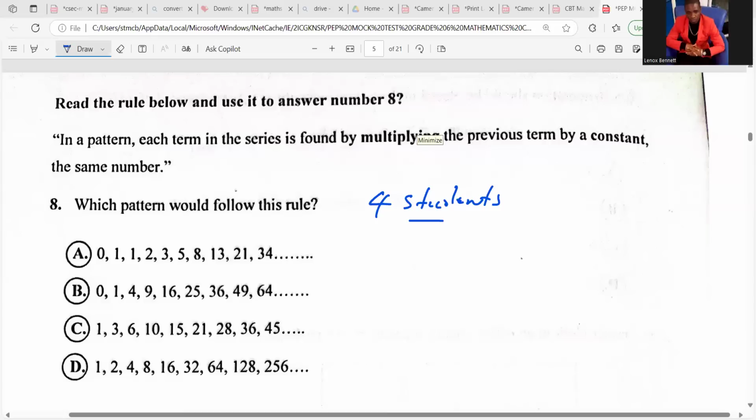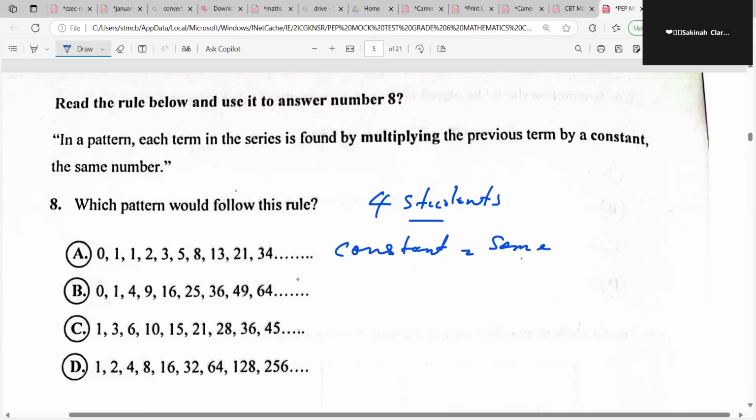It says in a pattern, each term in the series is found by multiplying the previous term by a constant, the same number. Which pattern would follow this rule? I looked at A, it says 0, 1, 1. It can't be A, because 1 times 1 is 1, but 1 times 1 is not 2.